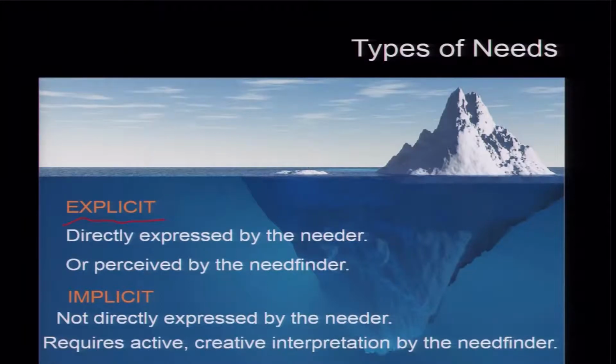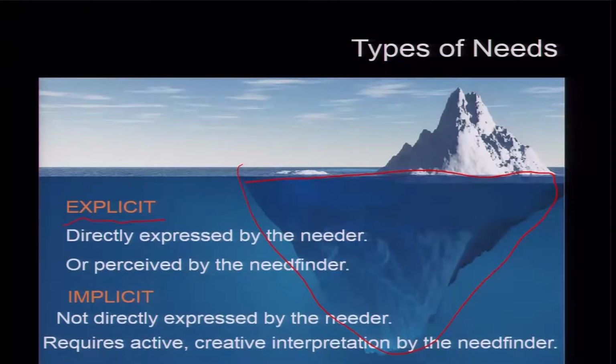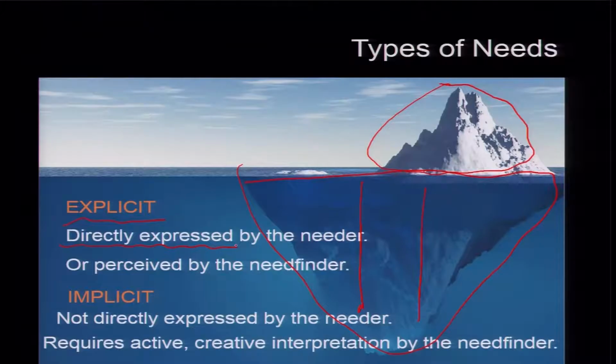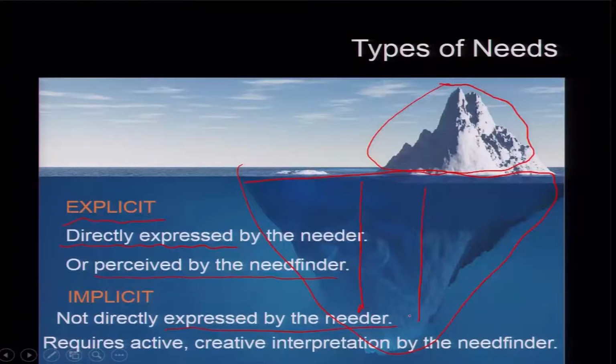If you look at this iceberg, there is a huge portion of the iceberg which is under the sea and not visible, but it does exist. So, needs are like this situation where what you are visualizing here is probably those which are not even important, whereas the real need may lie somewhere underneath. And so, therefore, you need to be able to see directly things which are expressed by the needer, or perceived by the need finder, but beyond that you also want to see what was not expressed by the needer directly.